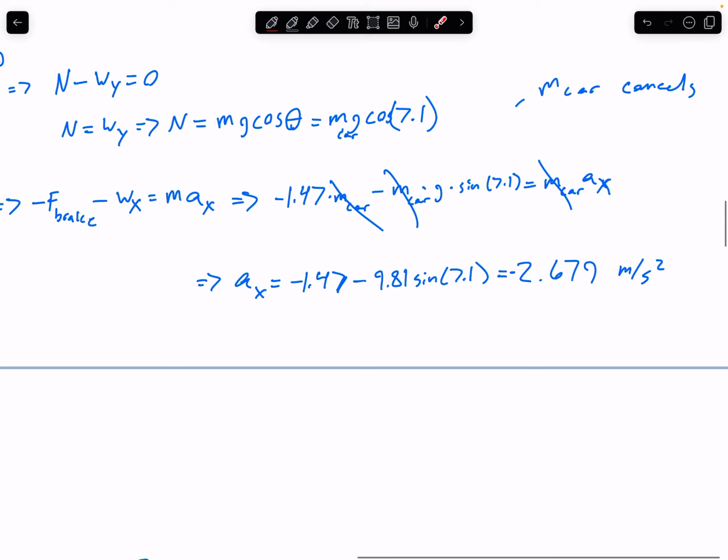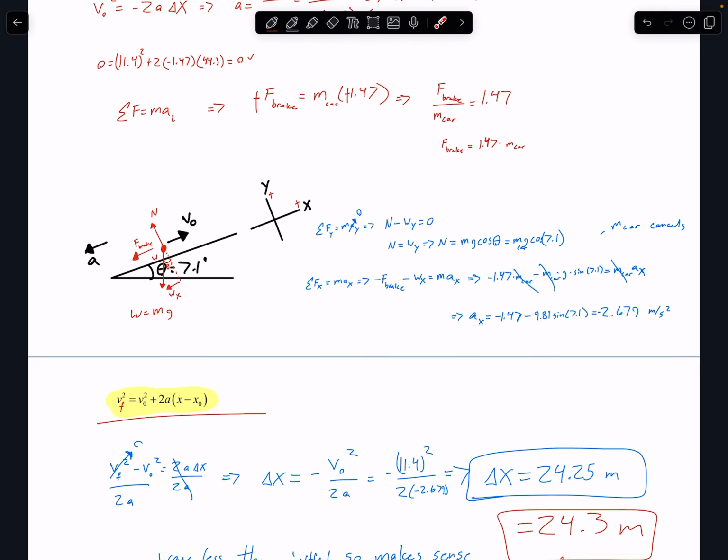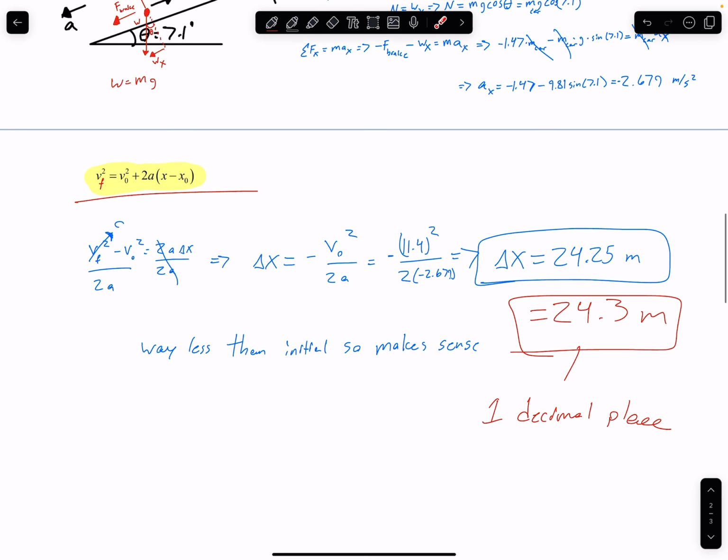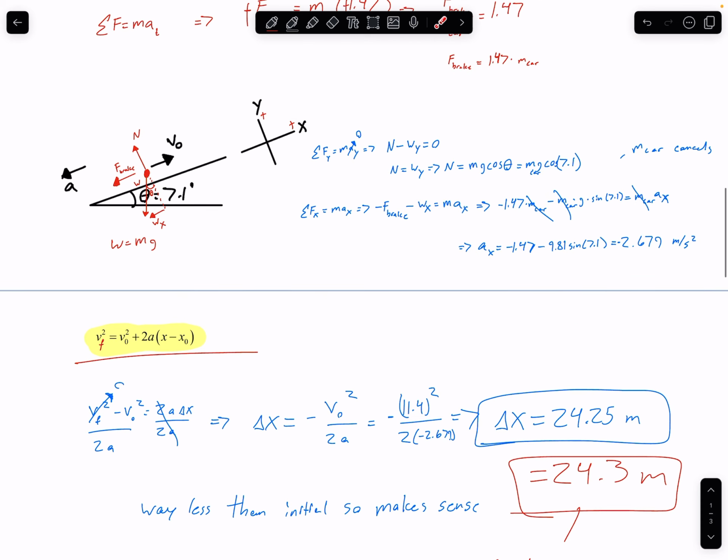And so doing some algebra, we actually don't have to move everything. We can just plug in gravity. We know negative 1.47 minus 9.81 times sine of 7.1 is equal to negative 2.679 meters per second squared. And so we can use our equation from earlier again. Again, we know that the final velocity is equal to 0, and the initial velocity in the x direction equals 11.4 meters per second.